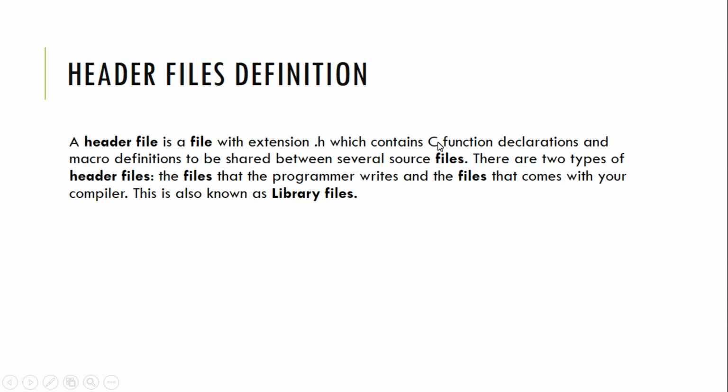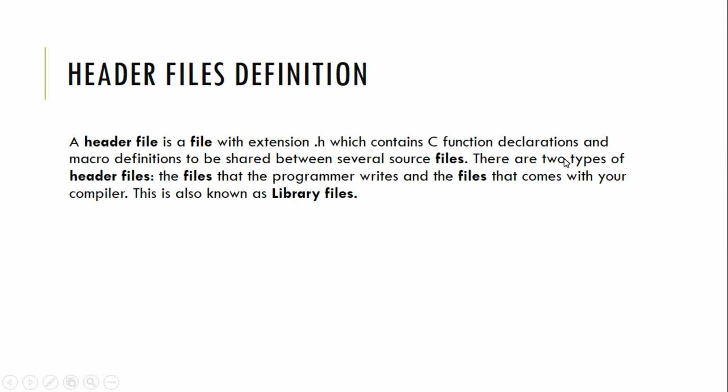For example, the printf function has been built by the developers of C, and it has been put in the stdio.h header file. We are using it in different programs. We will use it in printing messages, data, characters, numbers, etc.